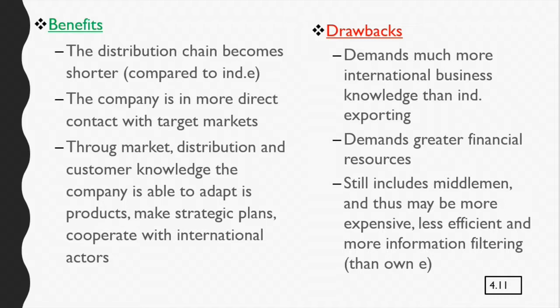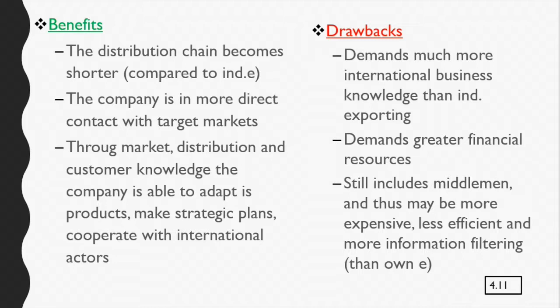Another big benefit is that the company is actually in more direct contact with target markets. We are selling our products and moving them physically to the other country in a way. So we can actually get the feel of what this is all about if we are visiting the target country and so on.